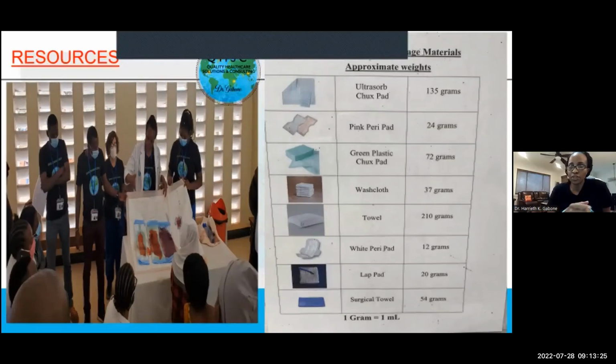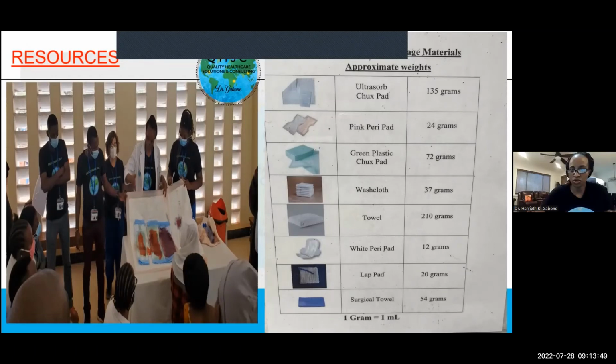If the blood-soaked item weighs 150, you subtract the dry weight, which, let's say for the pink pad, is 24. So you subtract that weight and then you get the actual estimated blood count. We do 1 gram equal to 1 ml, so we can transfer that data easily.